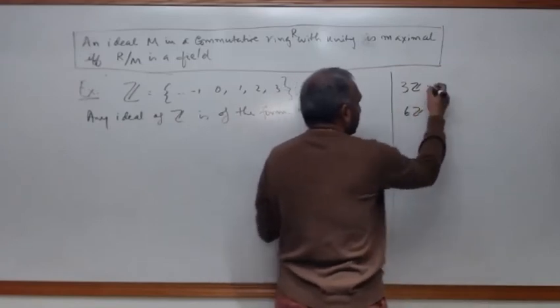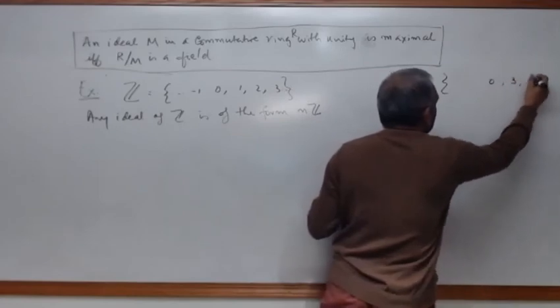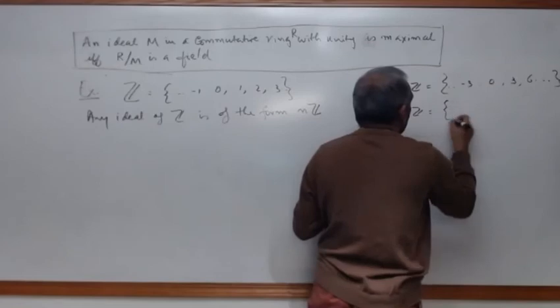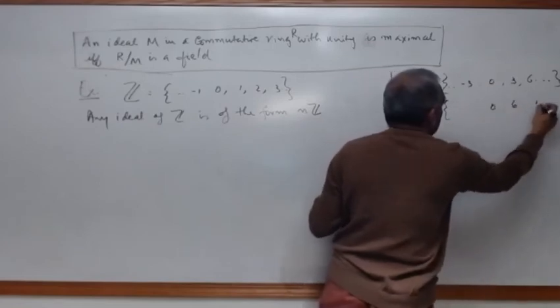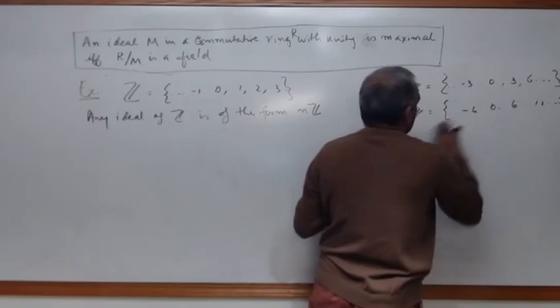Both are ideals. This is 0, 3, 6, minus 3. This is 0, 6, 12, minus 6.